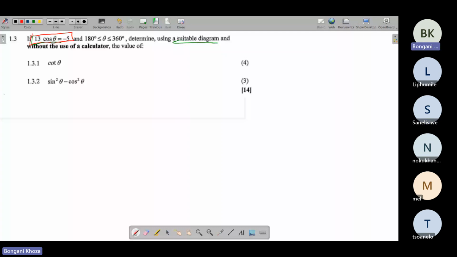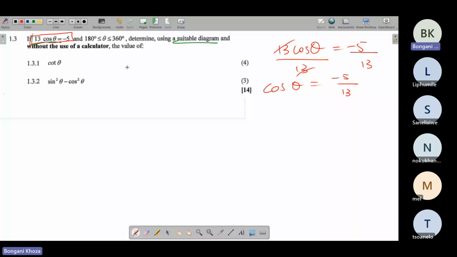So here I'm having 13 cos theta is equal to -5. For cos theta to be the subject of the formula, I can divide by 13 both sides. I now have cos theta is equal to -5 over 13. Then I have to remember my trig ratios.